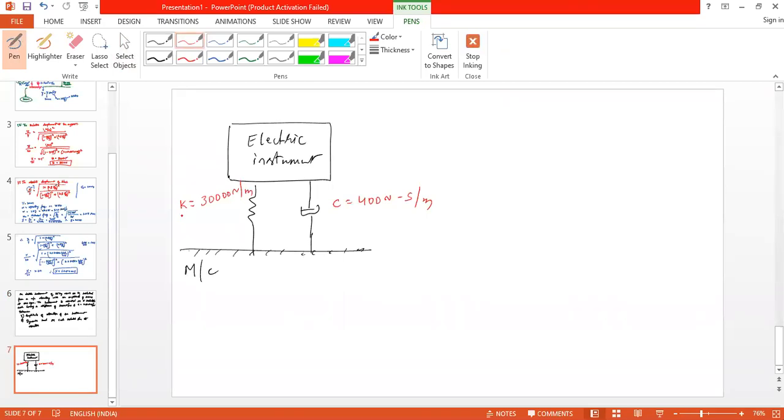This K is for one spring, but there are 5 springs. Therefore, K equivalent is 5 into 30,000, that is 15 into 10 power 4 Newton per meter.